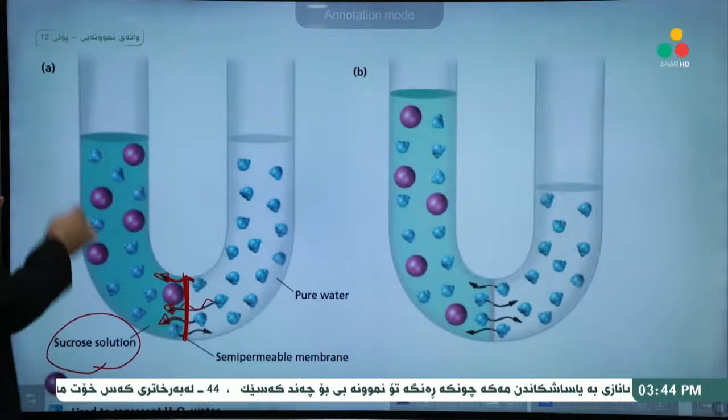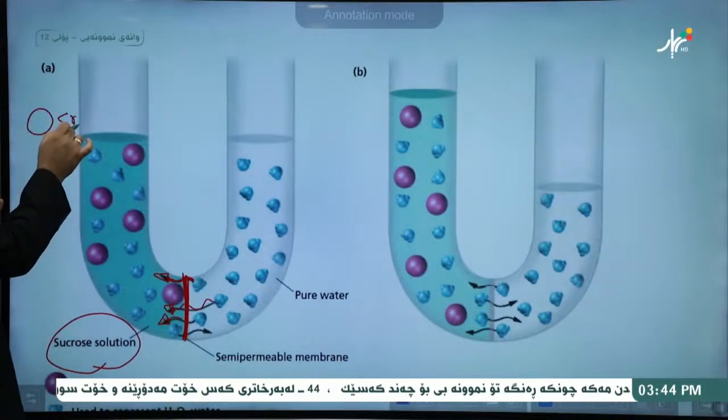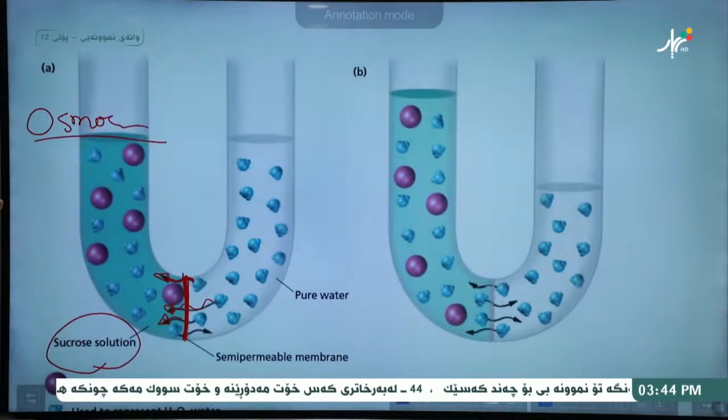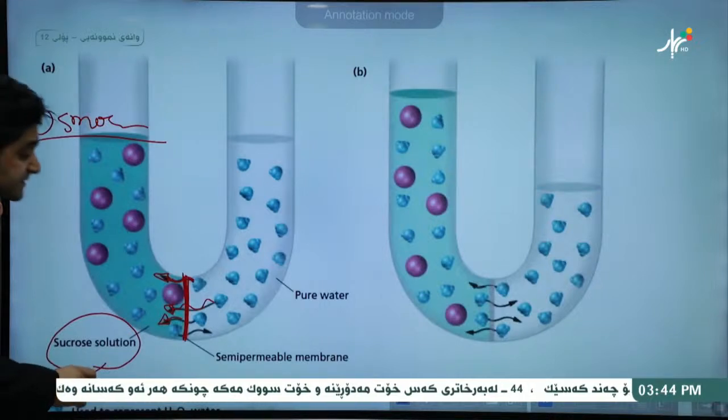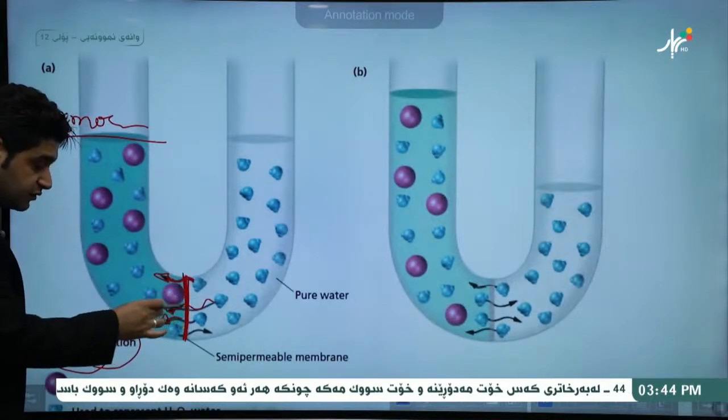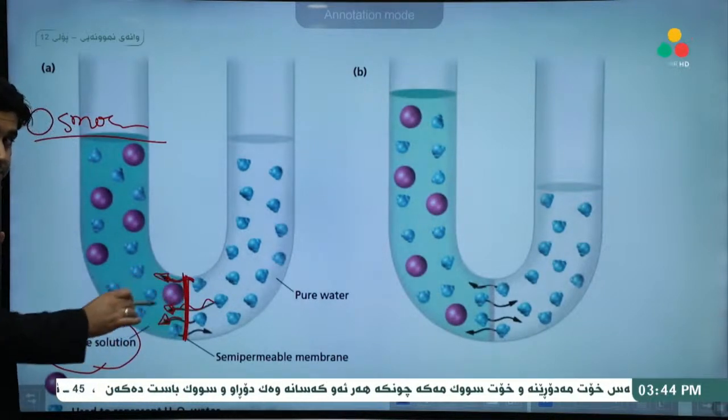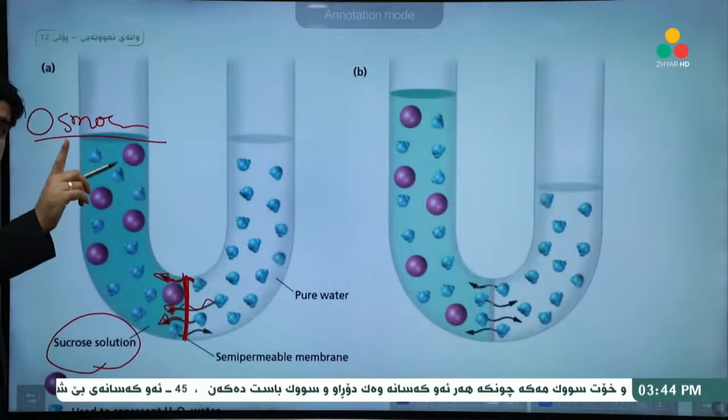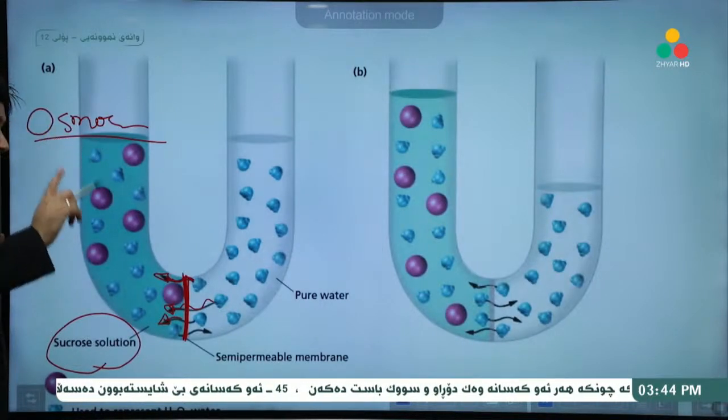By what? By osmosis. So what is osmosis? Passing the solvent molecules through the membrane.